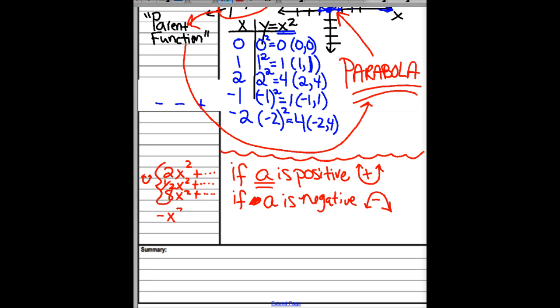These over here, negative x squared plus some stuff, or negative 3x squared minus some stuff, or negative 1/2 x squared plus some stuff. These are all going to cause frowns, or cause it to open down. All right, so that's all we're going to practice today, is just knowing what these words do to the graph.